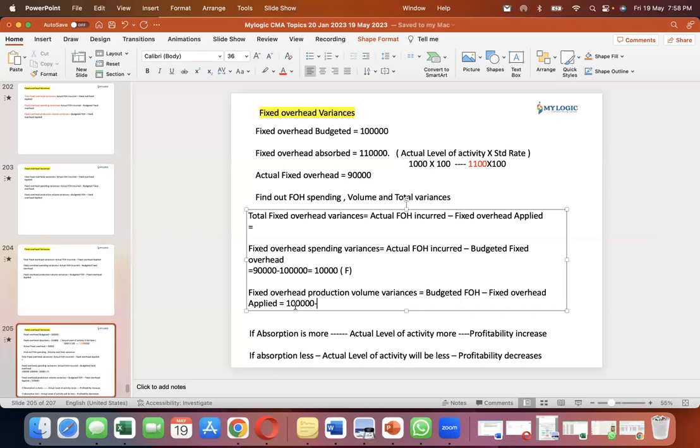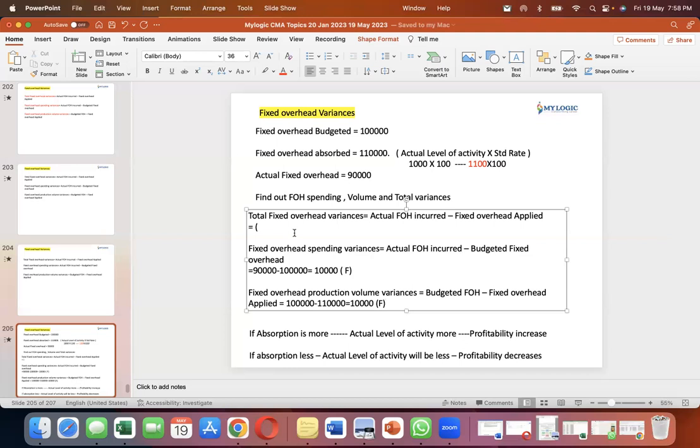What is absorption? 1,10,000. Absorption is more, so it becomes favorable. Everyone with me? Clear on that point?